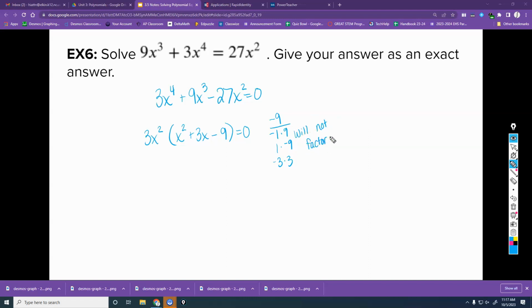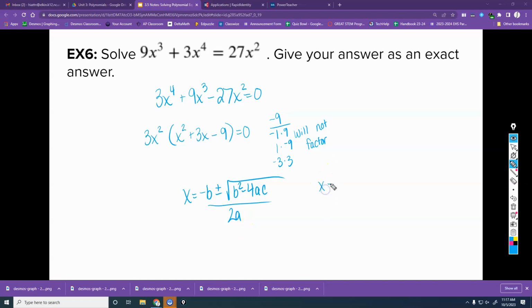So, if it will not factor, what do we have to use? We did it once the other day. Quadratic formula. X equals negative b plus or minus square root b squared minus 4ac all over 2a.